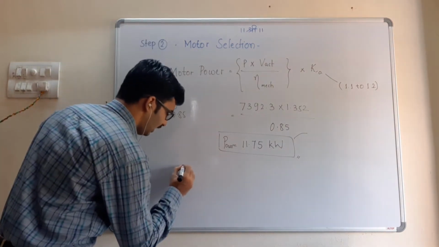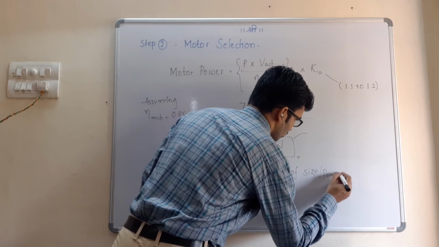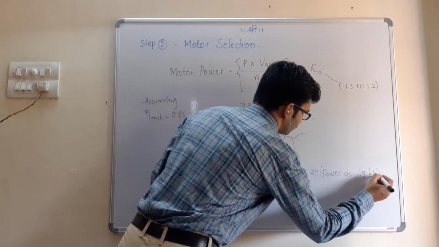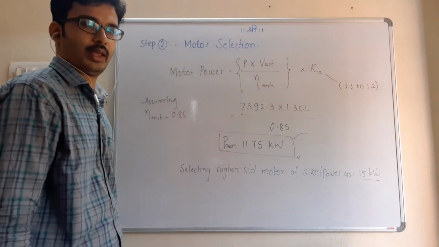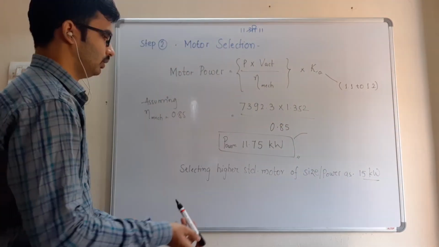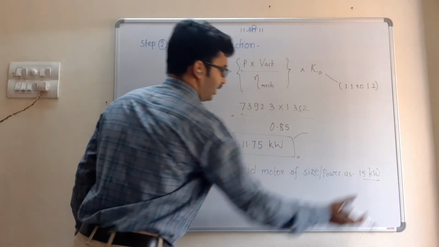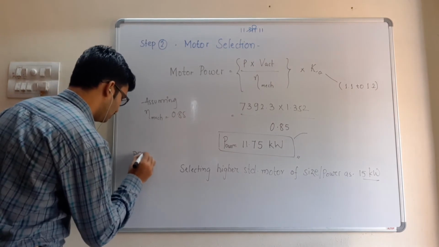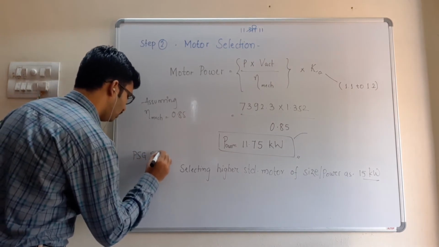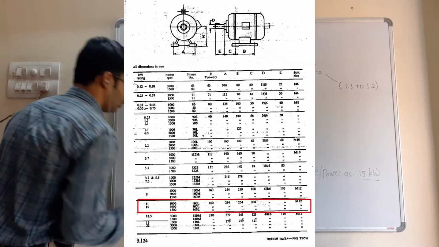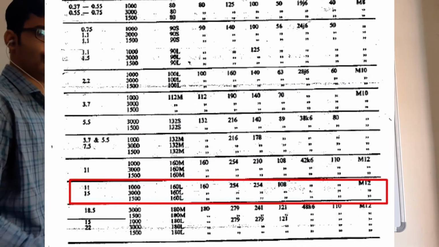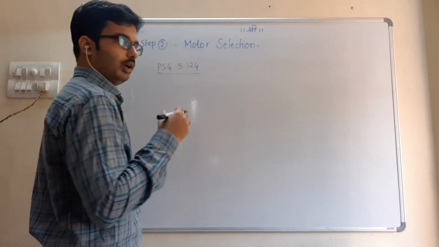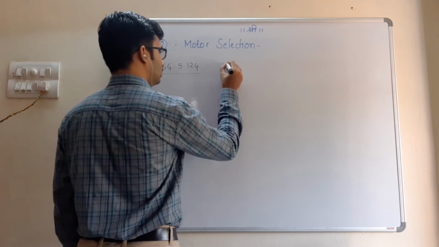So we will select 15 kilowatt. Now, from where have we taken the standard value? You have to refer to PSG 5.124, page number 5.124, and we have selected the motor capacity as 15 kilowatt.